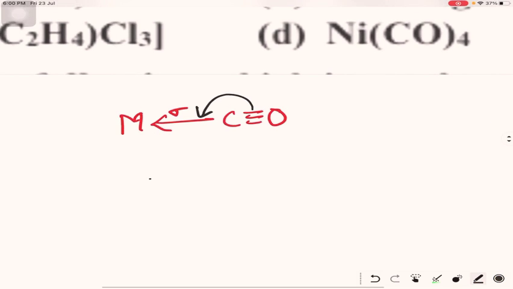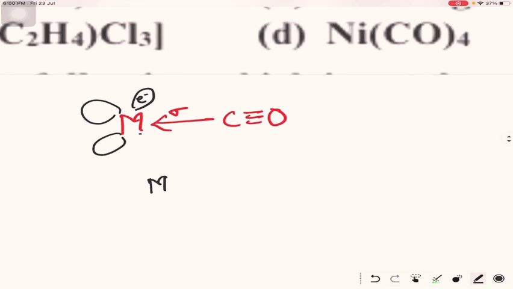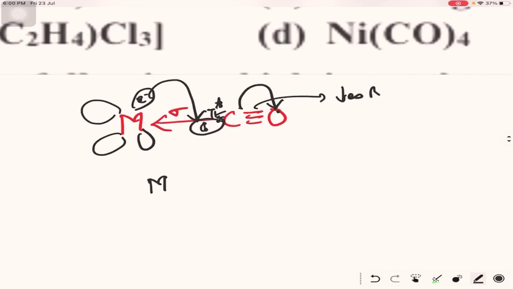These electrons are donated from the metal d electrons present in the metal d orbital. So they shift here and simultaneously this shifts here. These electrons are donated to the pi star, that is the antibonding molecular orbital, which will tend to decrease the bond order.